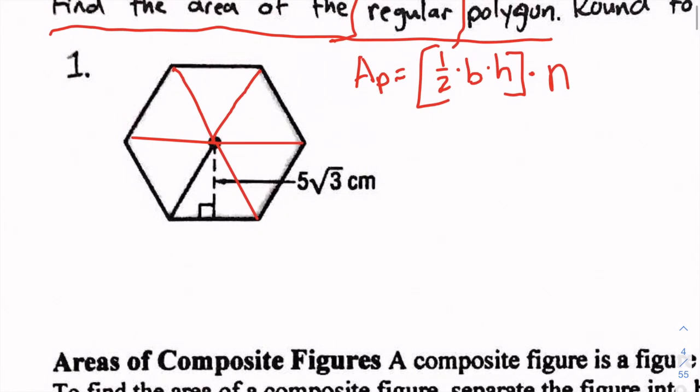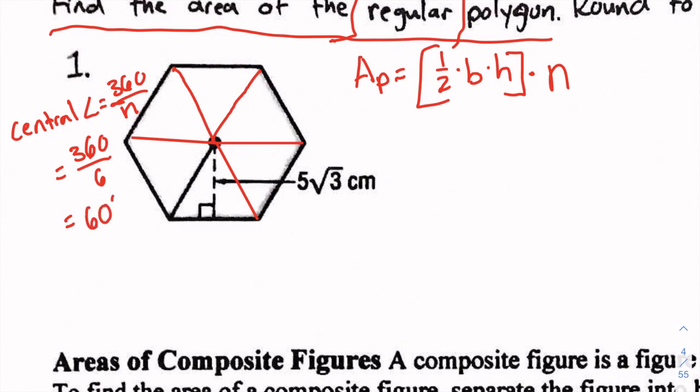the left side. You need to find the central angle. Do we remember the formula for a central angle? Good job. It's 360 divided by n, by the number of sides. So for this case, our central angle is 360 divided by n, and n equals how many sides we have? 6. So our central angle is 60 degrees.